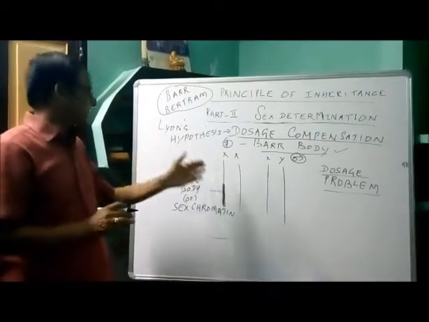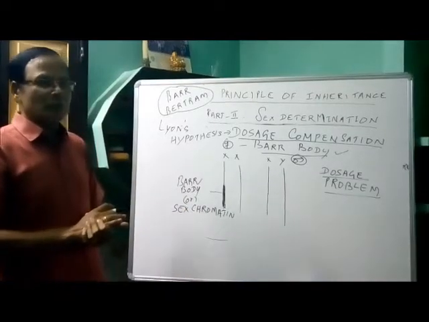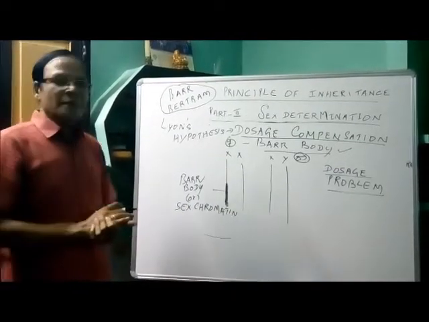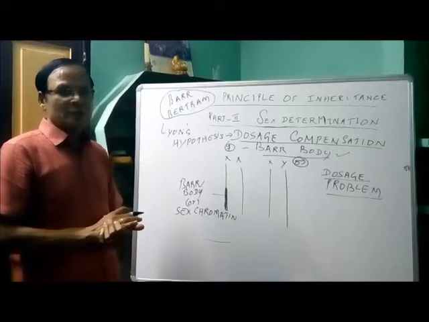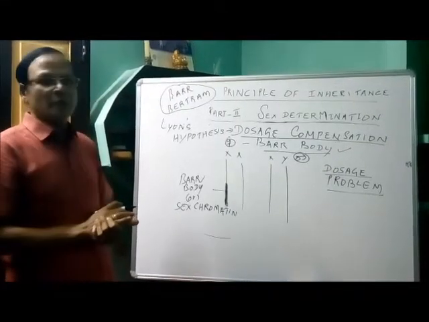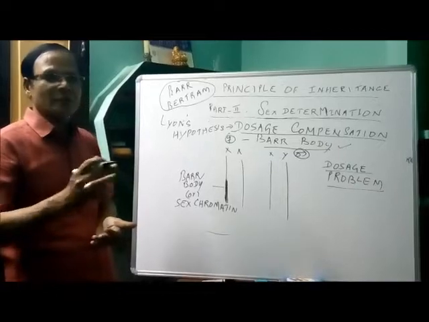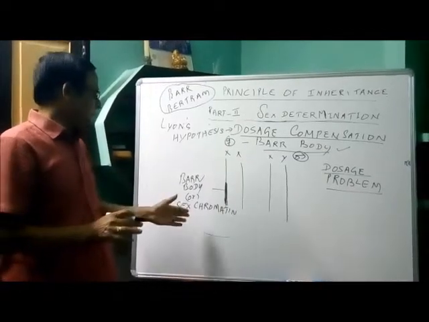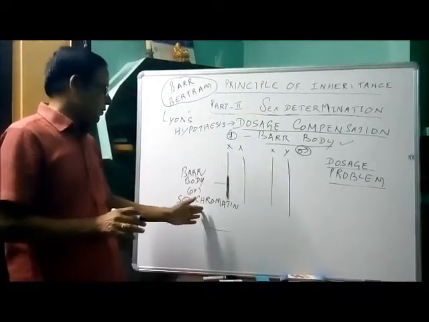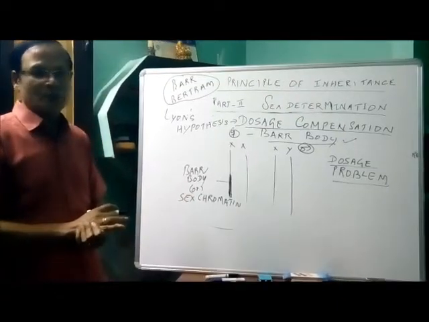So Barr and Bertram observed the Barr body. What is the Barr body? It is the condensed region of chromatin, otherwise called heterochromatin. As it is present on the X chromosome, this heterochromatin is called sex chromatin.